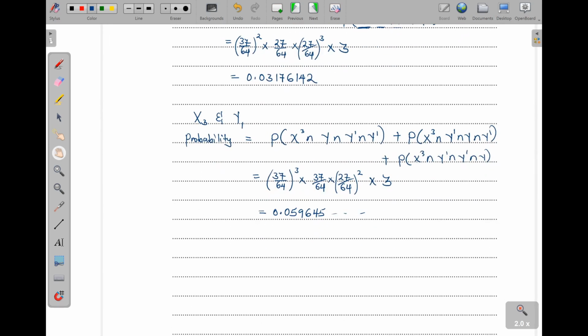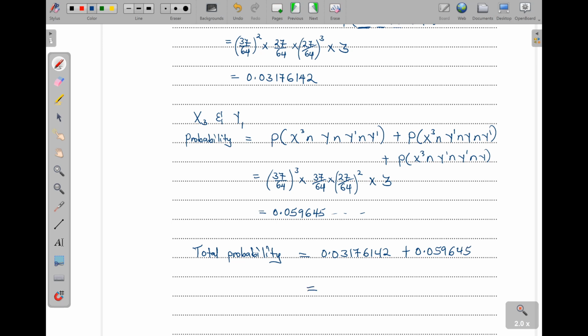Okay, so now total probability, we are going to add them. So total probability is going to be equal to the first one we got, which is 0.03176142, then plus this one here, 0.059645.